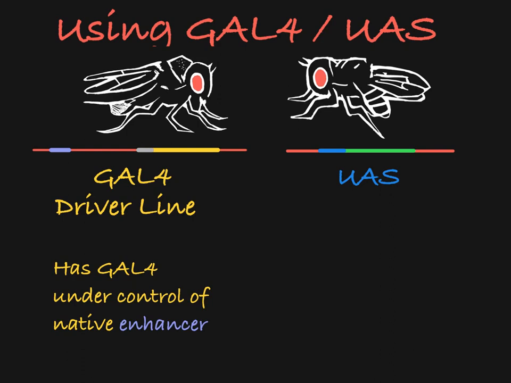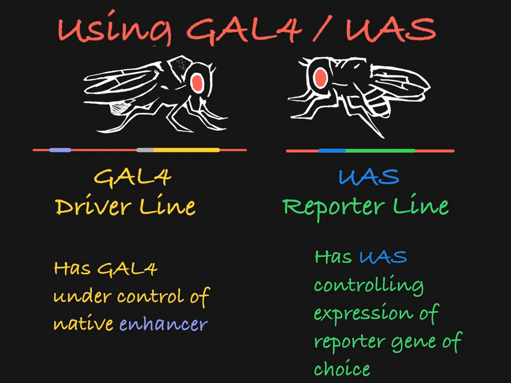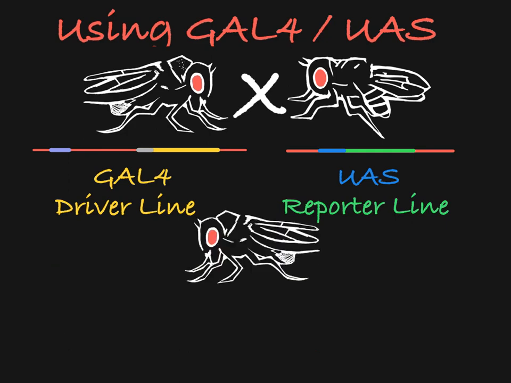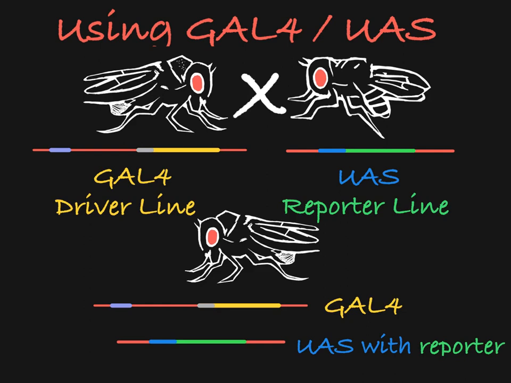The other line you will use is the reporter line. This line contains in its genome the upstream activation sequence and a reporter gene. When you cross these two lines, you get a generation of flies that contains both the GAL4 gene and the reporter gene.